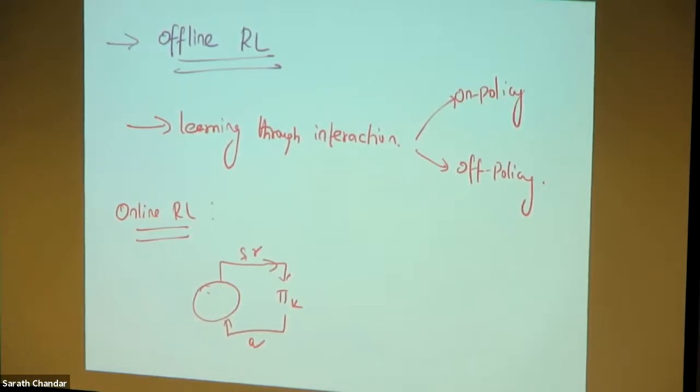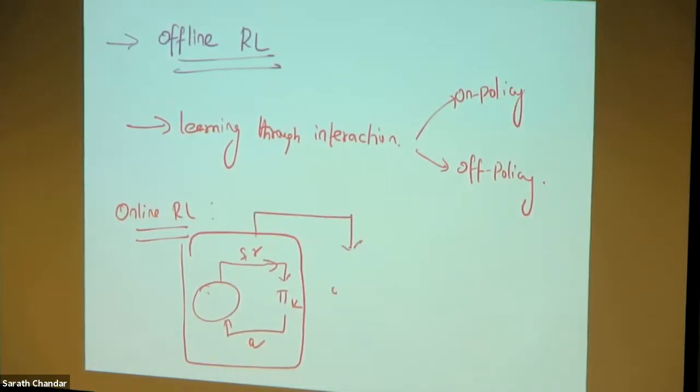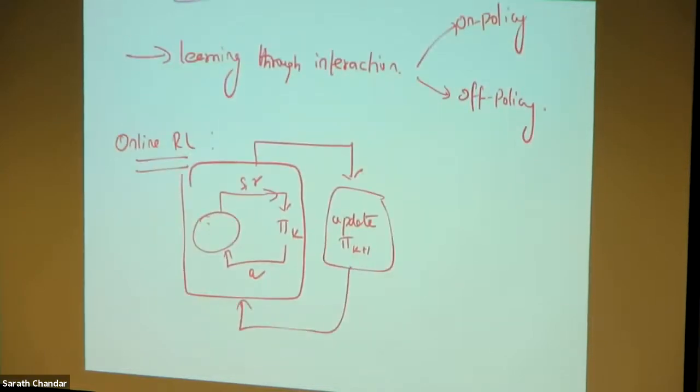After this one round of interaction, you update and get a pi k plus 1, and you go and interact again. So this is online RL.